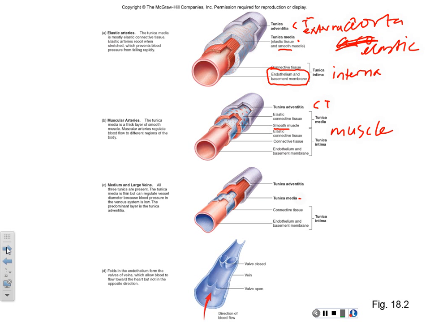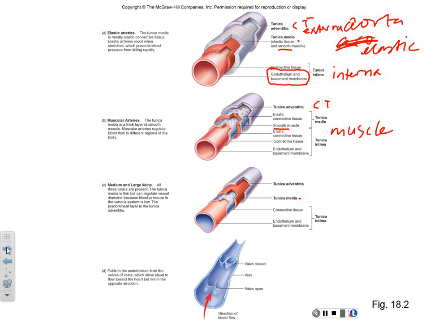And then this is just showing you the valves I was talking about, kind of like semilunar valves in the veins. So veins have the three layers. They've got the connective tissue on the outside, the smooth muscle, and the endothelial lining. Same thing. They just don't have the elastic tissue like the arteries do. And the arteries have a thicker wall than the veins.